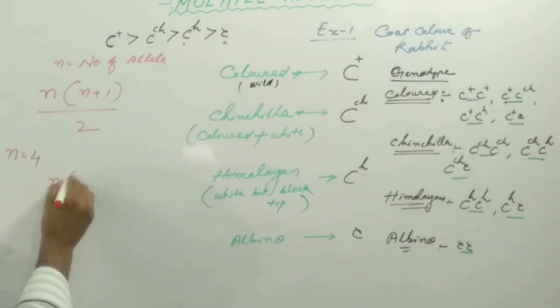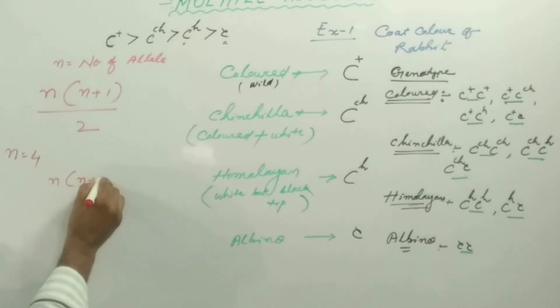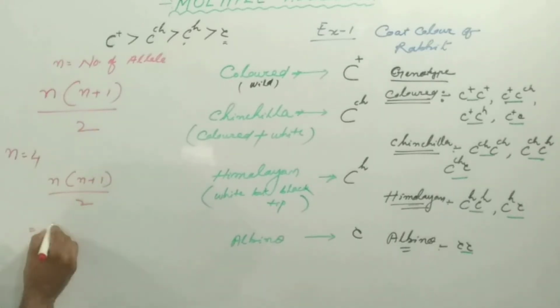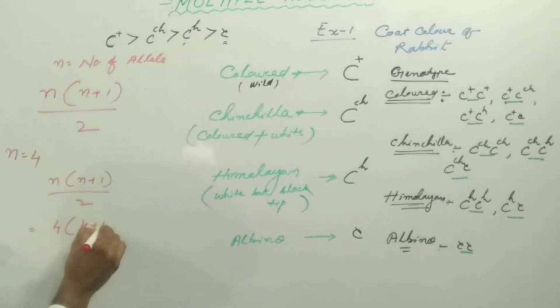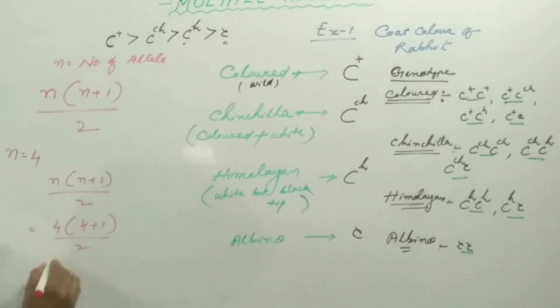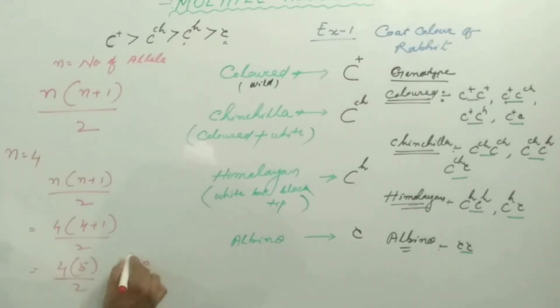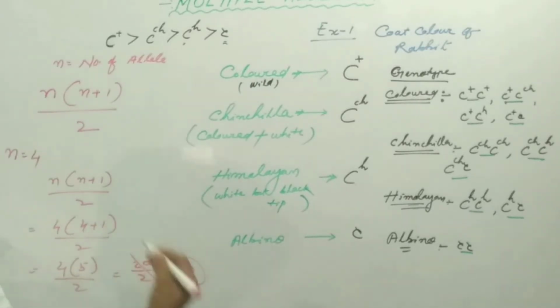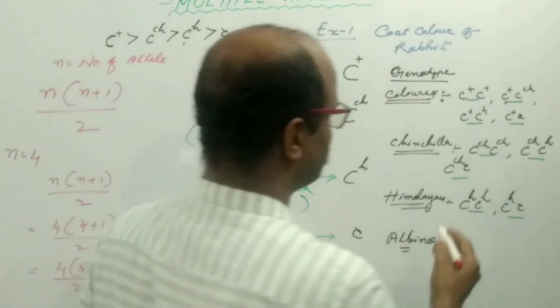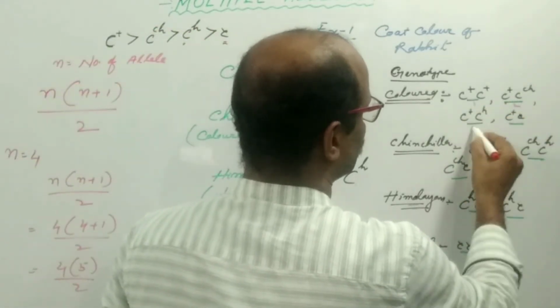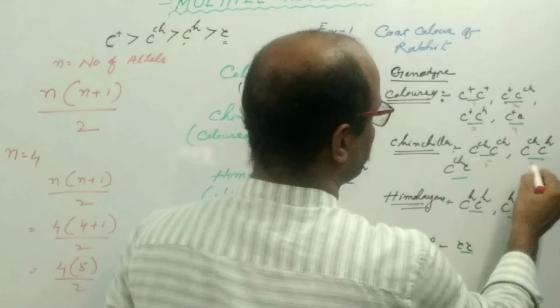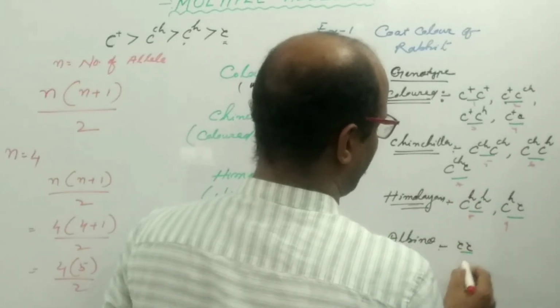So our formula is n multiplied by n plus 1 by 2. So 4 multiplied by 4 plus 1, which is 5, so now 20 by 2. So we get 10. So how many genotypes are present here? 1, 2, 3, 4, 5, 6, 7, 8, 9, 10.